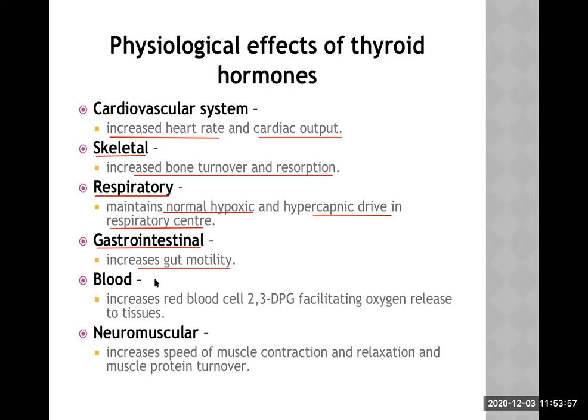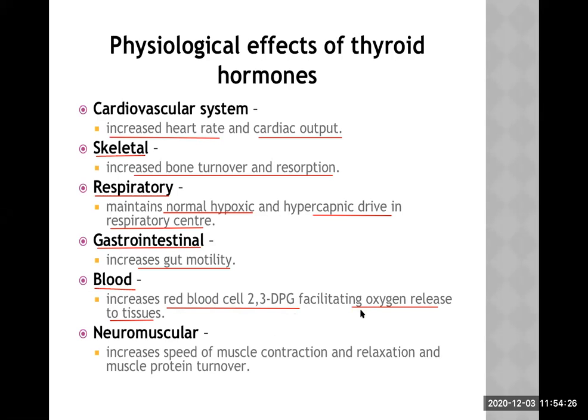In the blood, there is increased 2,3-DPG inside the red blood cell. This 2,3-DPG, or 2,3-diphosphoglycerate, facilitates the oxygen release to the tissue. This is also known as unloading of the oxygen to the tissue. What is the function of hemoglobin? We all know.